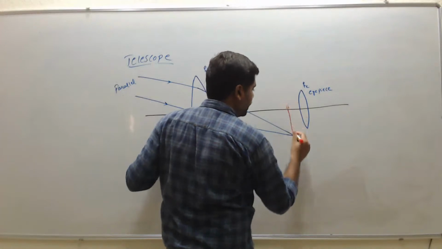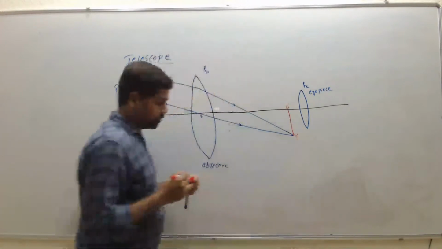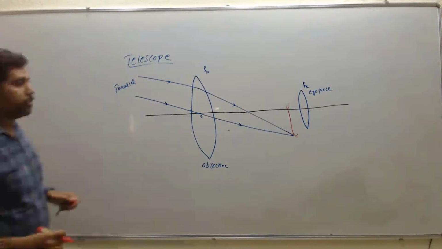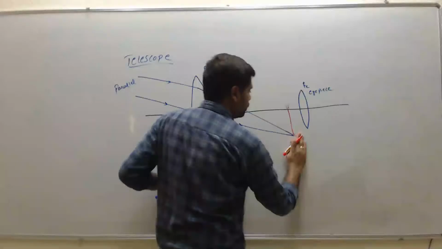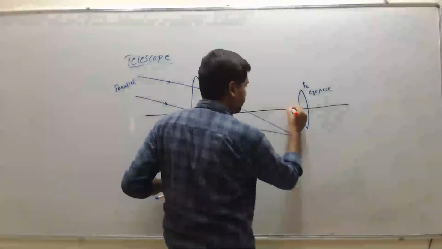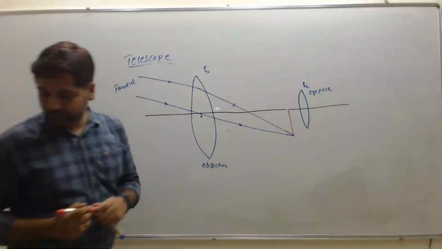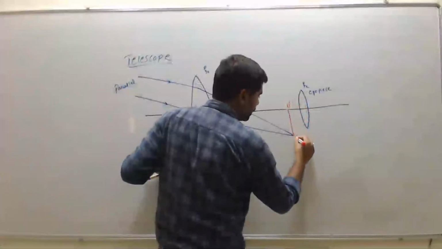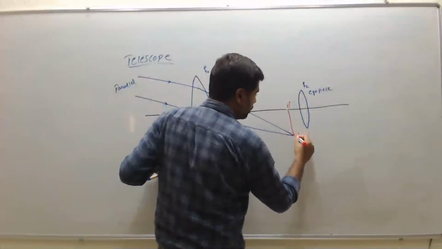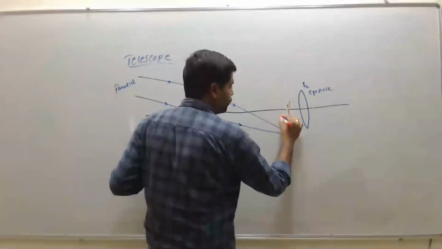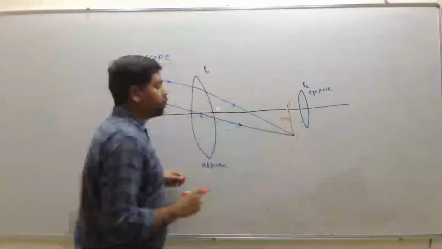This one is B dash and here it is A dash. So this is the image of the distant object.